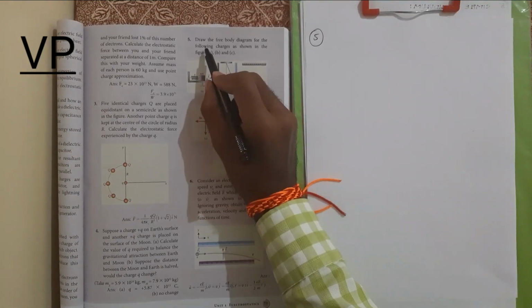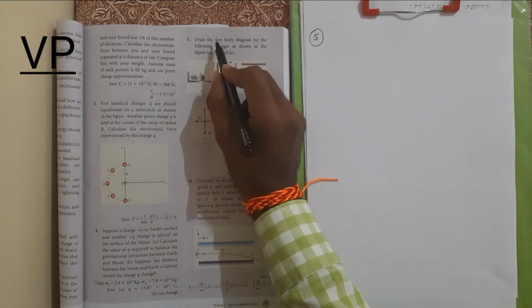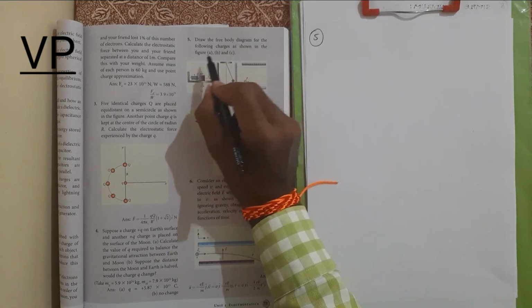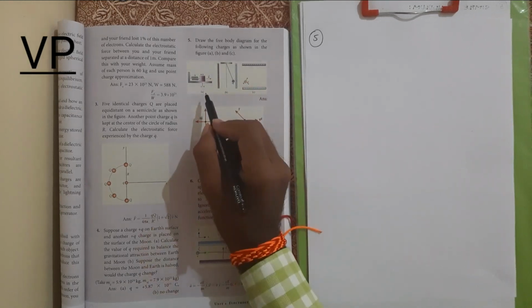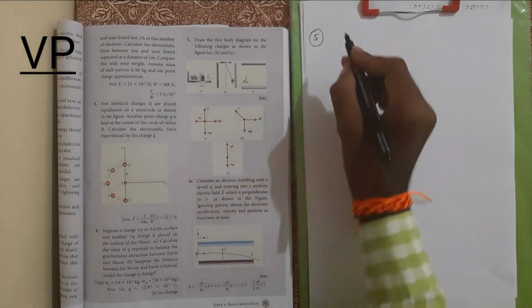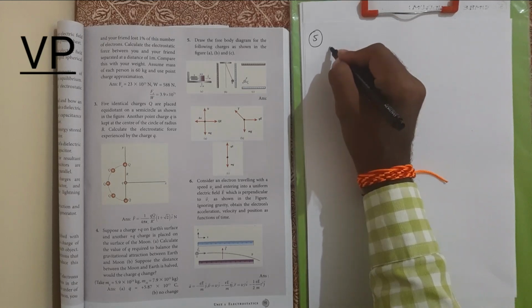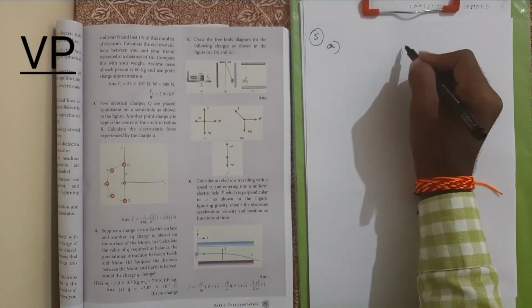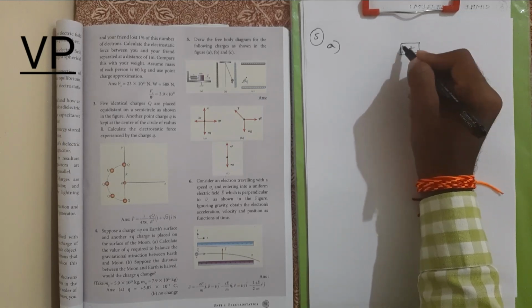In the fifth question, they have asked us to draw the free body diagram for the following charges as shown in the figure A, B and C. See, in the figure A, the charge plus q is given. I will draw it here. This is the charge plus q.